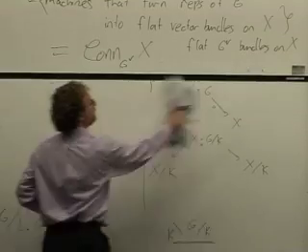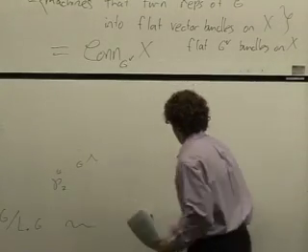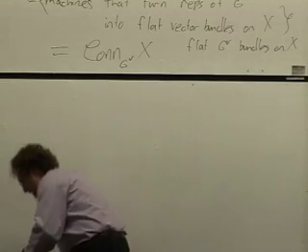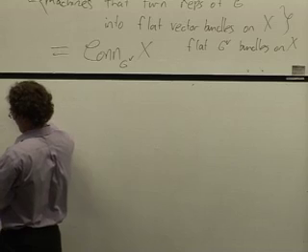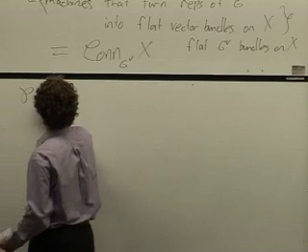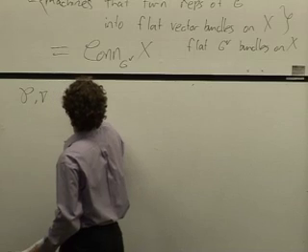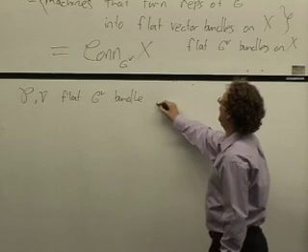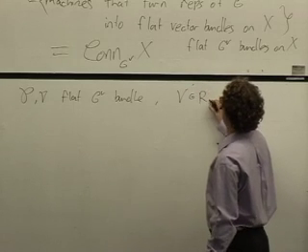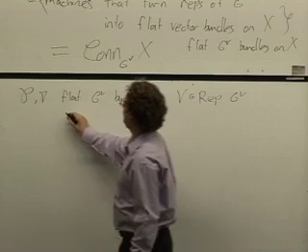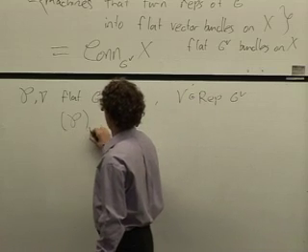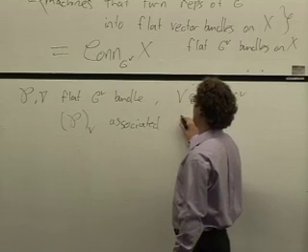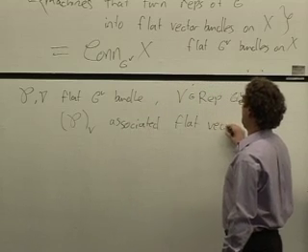If I give you a flat G check bundle (P, nabla), and V is a representation of G check, I can take the associated vector bundle, and it's going to be flat.